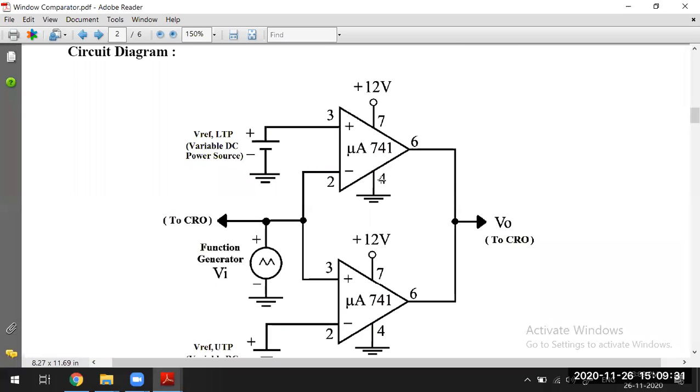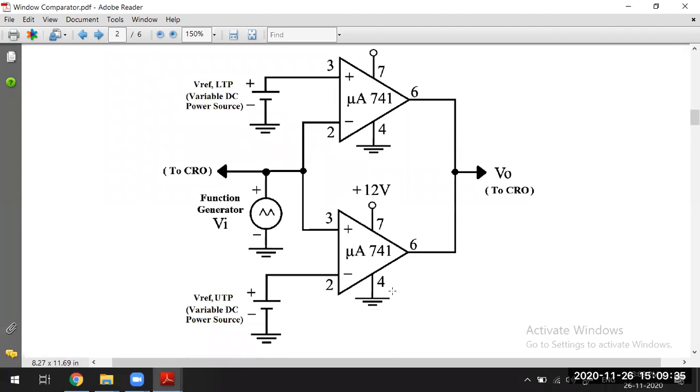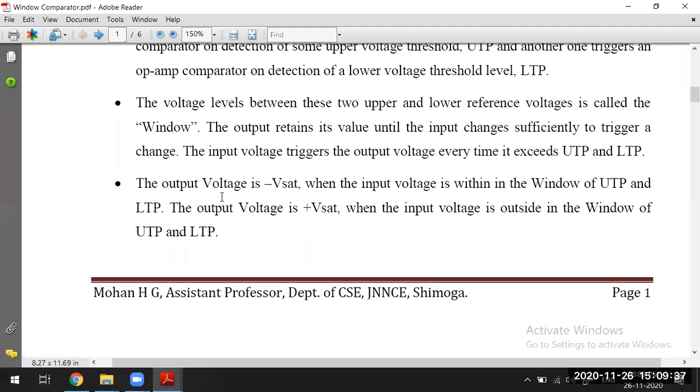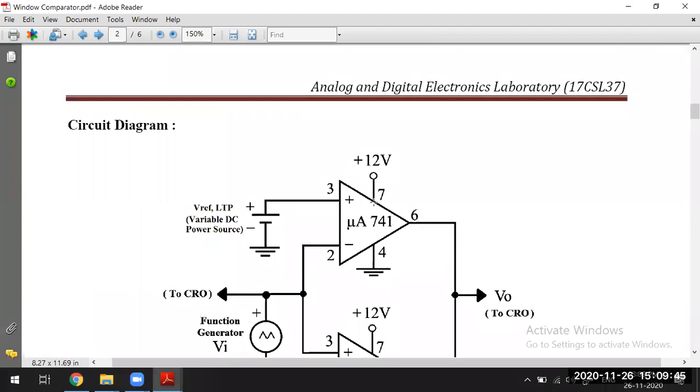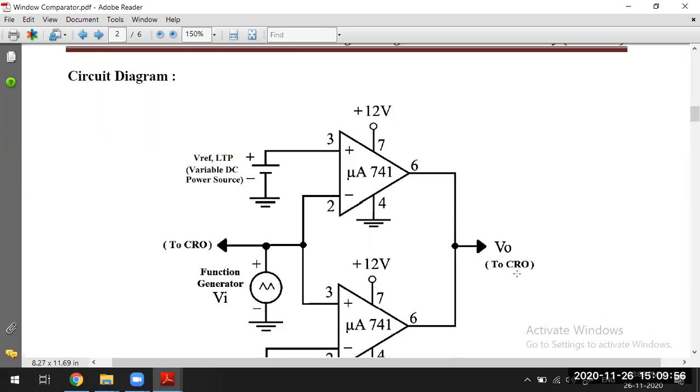Minus Vsat is the fourth pin, the negative saturation voltage, which is 0. The output voltage is plus Vsat when the input voltage is outside the window of UTP and LTP. What is plus Vsat? This is the seventh pin, connected to plus 12 volts. This is the output. This is plus Vsat, the seventh pin connection. The fourth pin will be the minus Vsat.